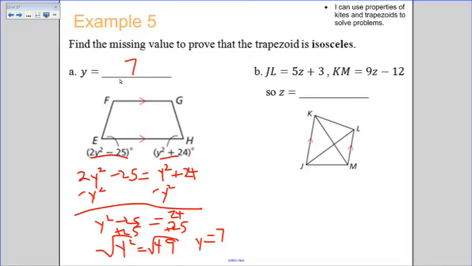Okay? What I'd like you guys to do is to try to solve B. I think you can probably do it on your own. But if not, I'm going to be doing it up here silently.